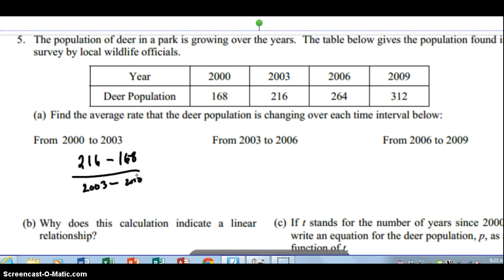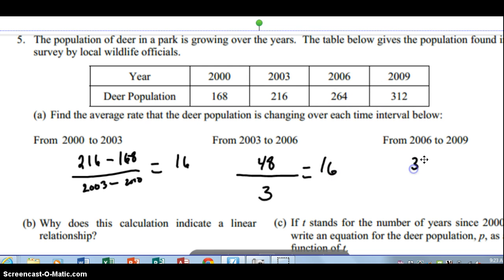So when I do that, I'm going to get 48 divided by 3. This is going to be equal to 16. 2003 to 2006, well, I know that's 3 years. 264 minus 216, 48. Uh-oh, I'm seeing a constant pattern here.